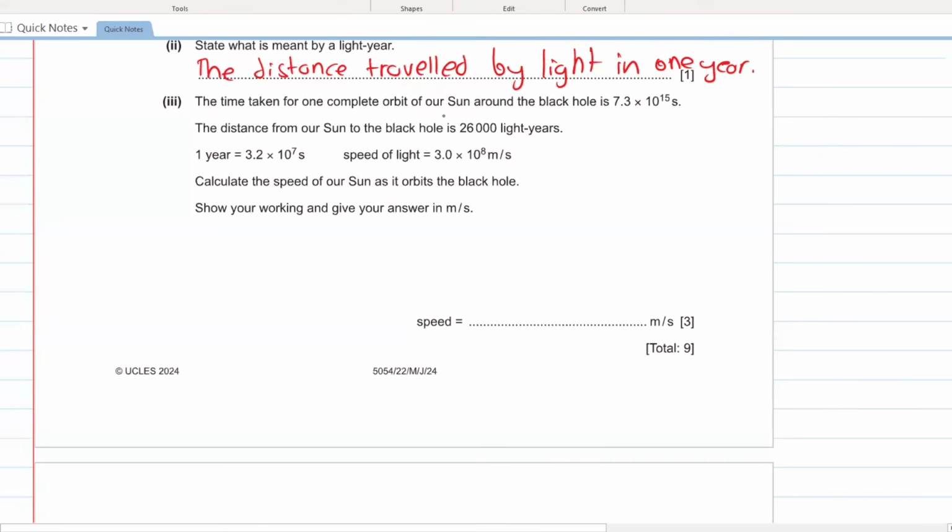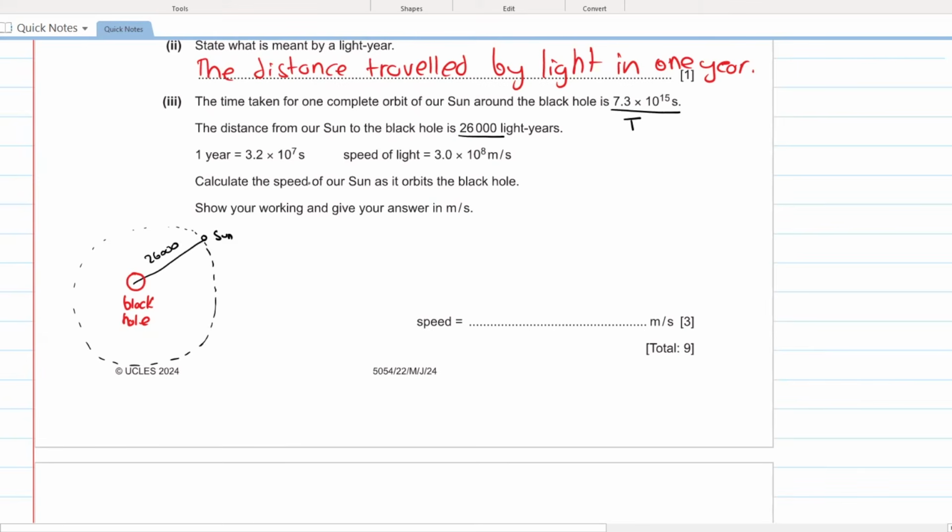The time taken for one complete orbit of our sun around a black hole is this. Let's say this is a black hole and the sun is orbiting around it. The time taken for the complete orbit is capital T. The distance from our sun to the black hole is 26,000 light years.